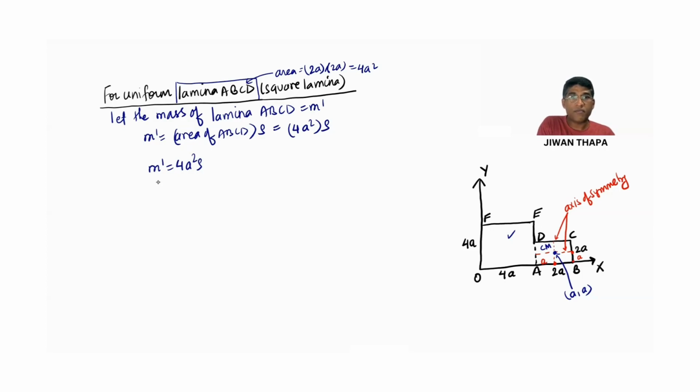The coordinate of the center of mass for this square lamina is A comma A. So we have this.